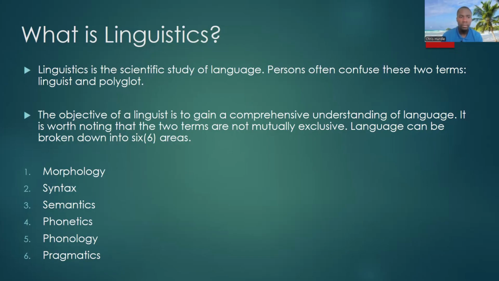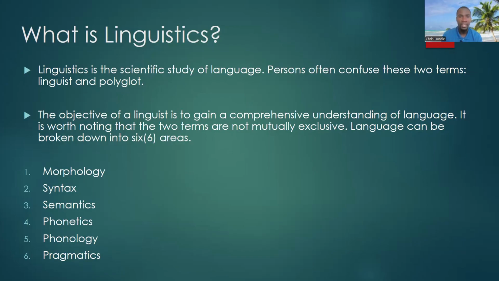Yes. So these are the 6 main areas that we look at when we study a language. And a key point that just emerged from what I have said: this is not limited to English or to your native tongue. This is across all languages, right? These are areas that we can use to analyze every language, all right?